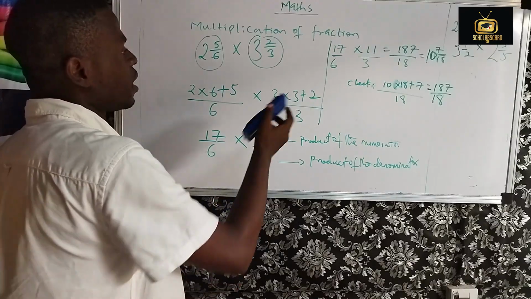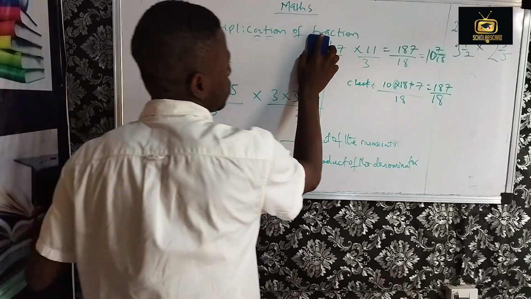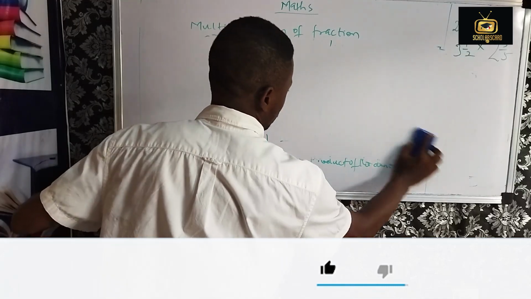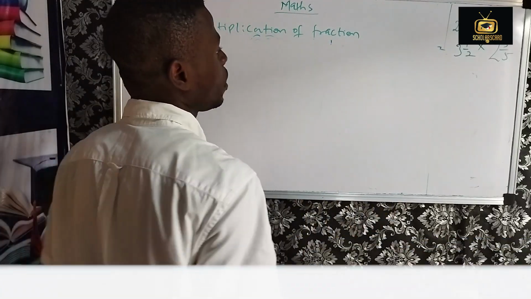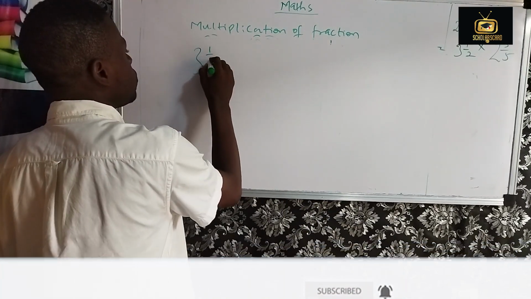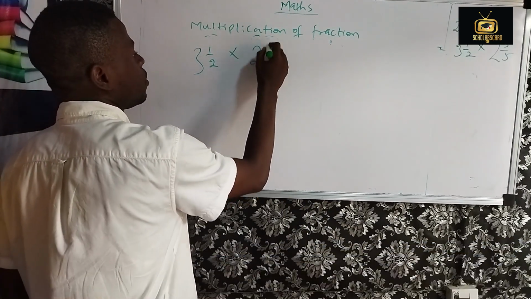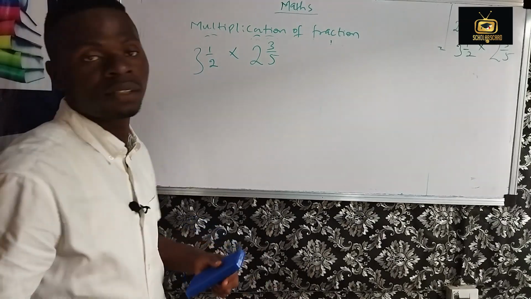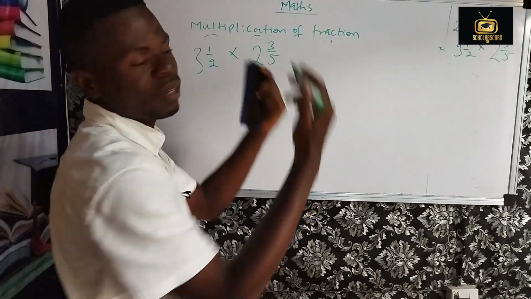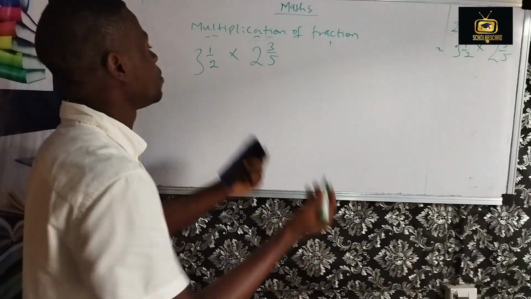Now let us look at another example. We have 3 whole number 1 over 2 times 2 whole number 3 over 5. Like I said, these are mixed numbers. Multiplication of mixed numbers.